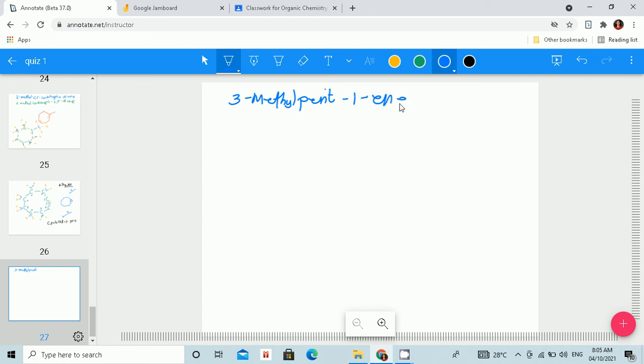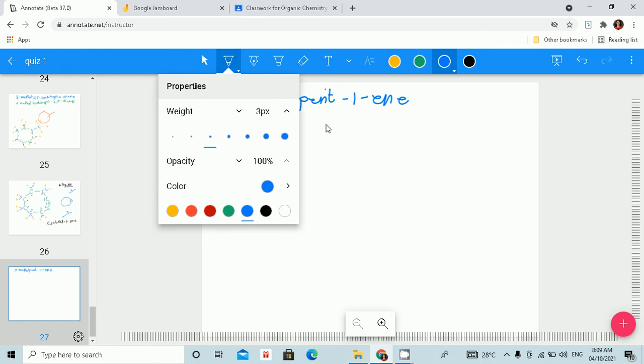So this is a methyl pent 1-ine. Oh, you see this, class? It has no cyclo. It has no word cyclo. So this means that this is just a straight chain. It's an open chain, no cycle. Okay, it's not cyclic, so we have pentane.